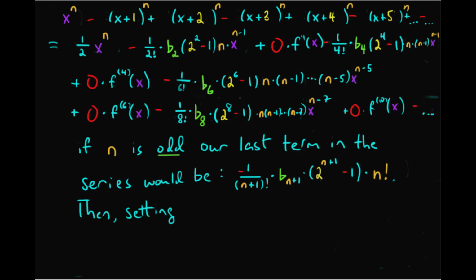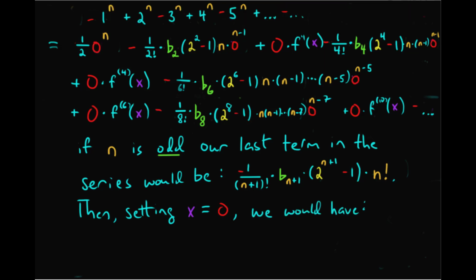Then when we set x equal to 0, we have negative 1 to the n plus 2 to the n minus 3 to the n plus 4 to the n minus 5 to the n plus dot dot dot equals 1/2 times 0 to the n minus 1 over 2 factorial times b sub 2 times 2 to the second minus 1 times n times 0 to the n minus 1 plus 0 times f double prime of x minus 1 over 4 factorial times b sub 4 times 2 to the fourth minus 1 times n minus 1 times 0 to the n minus 1, and so on.